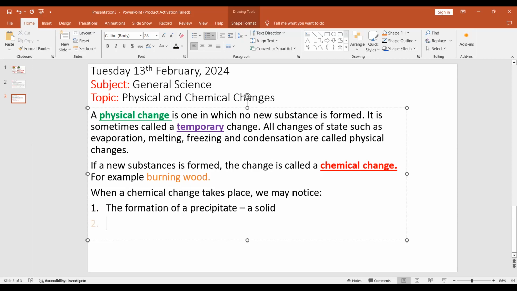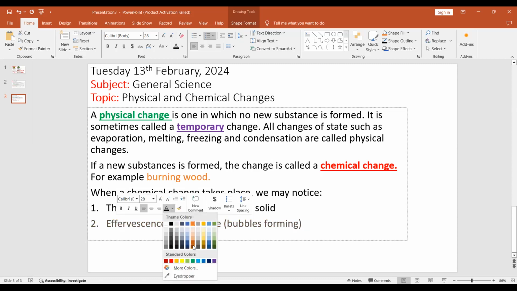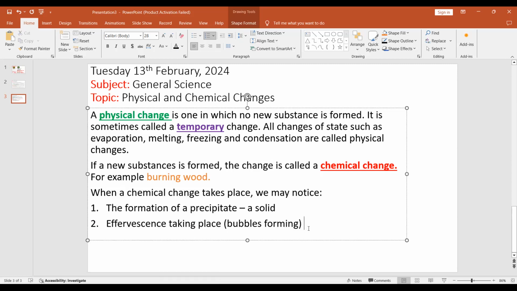What do we mean by effervescence? Anyone know? What is effervescence? Bubbles. Isn't that when the stuff starts forming suds or foam? Yes, bubbles, right? So bubbles forming because we have a new substance being formed.